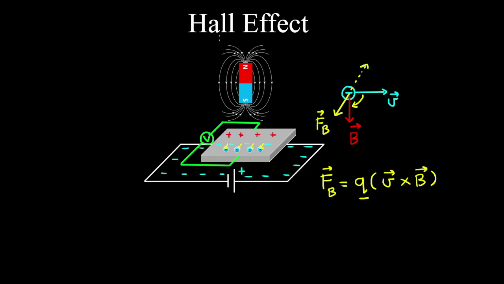This is the Hall effect, which describes the potential difference created in a conductor by an external magnetic field that has a component perpendicular to the direction of the charges moving in the conductor. The Hall effect is used in different applications, such as magnetic field sensors.